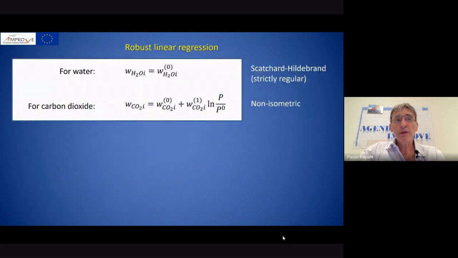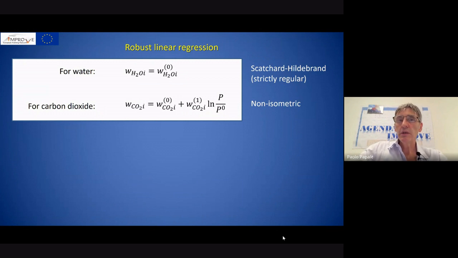By employing the data together with the model that we have been developing so far, two different functional forms for the binary interaction parameters emerge for water and for carbon dioxide. In the former case, that is for water, the database turns out to be satisfactorily reproduced by just employing constant binary interaction coefficients.